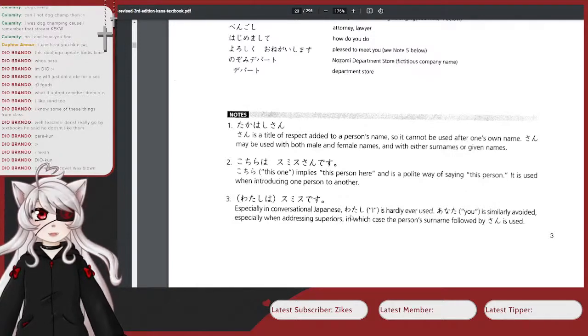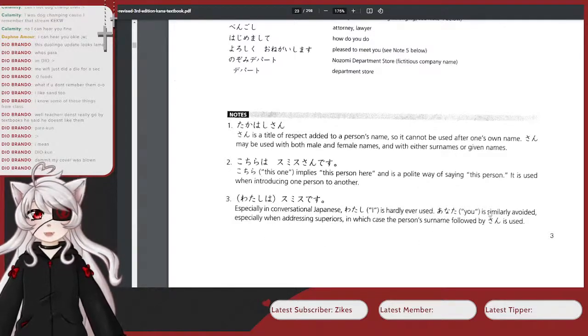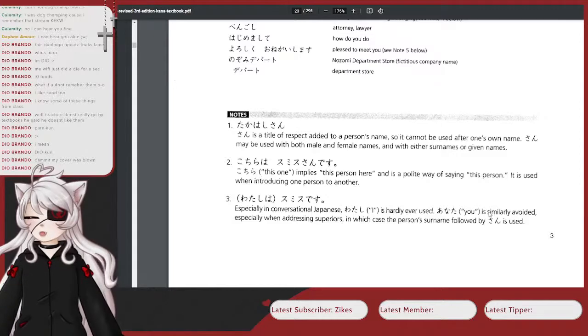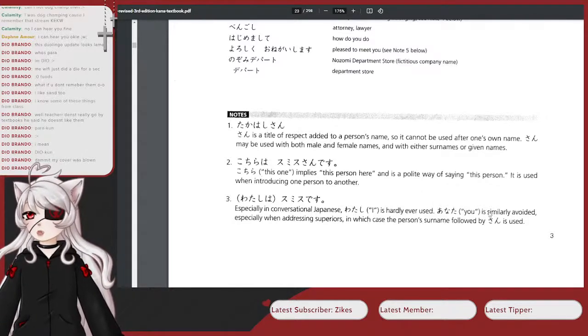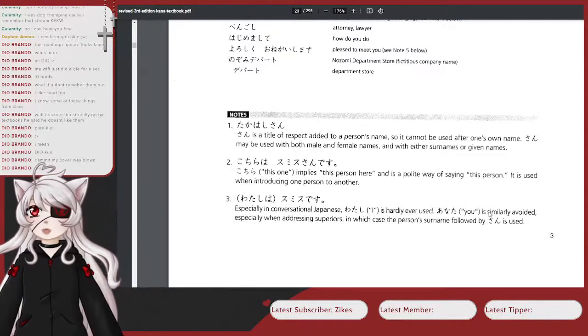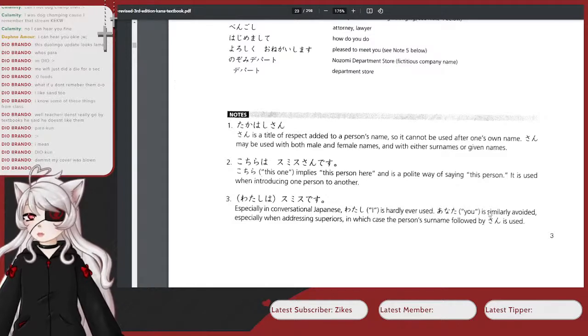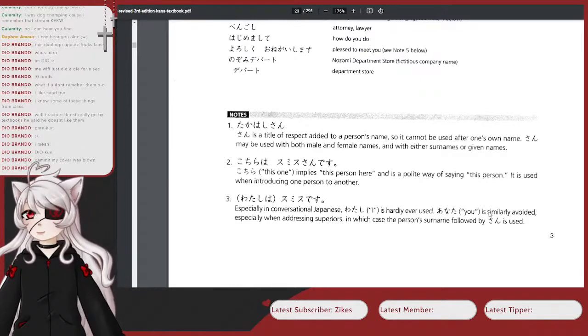Especially in conversational Japanese, watashi, I, is hardly ever used. Anata is similarly avoided, especially when addressing superiors, in which case a person's surname followed by san is used. So anata, saying you in Japanese, is mostly a relatively rude kind of thing to say. Anata is probably the politest, and one of the least polite ways to say it would be omae. But please don't do that to someone you're trying to be polite to.